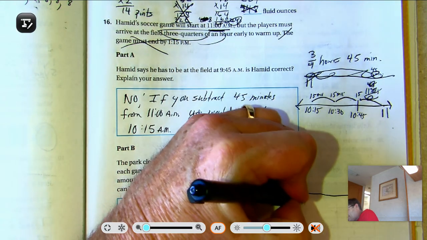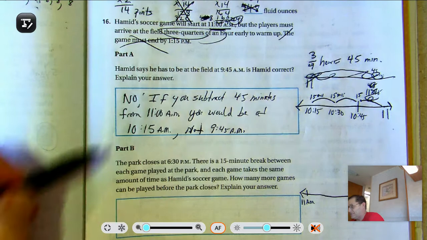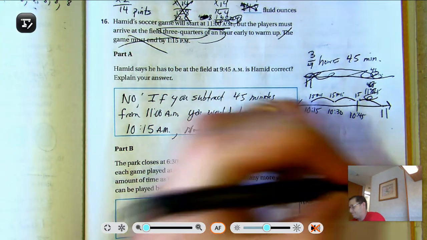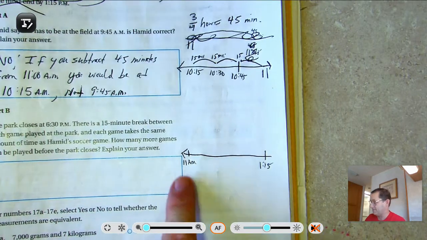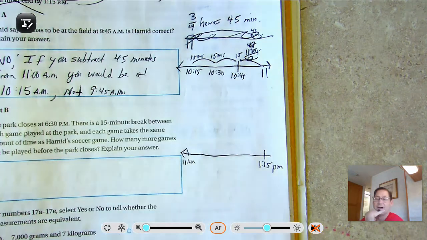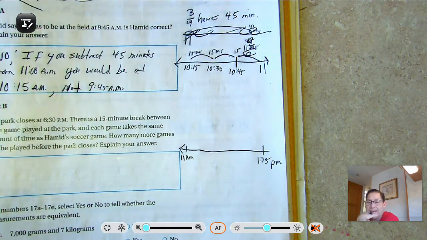All right, so his game starts at 11. It has to be over by 1:15. So they've given us a beginning time and an end time, and we have to figure out how much time that is per game.